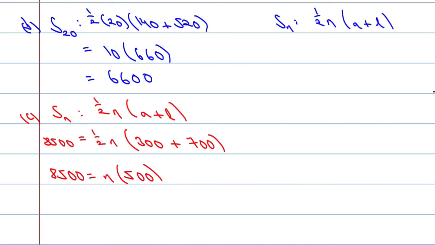Dividing both sides by 100 gives us this. So 5n equals 85, which means that n must equal 17. So n must be equal to 17, so she must have caught 17 dragons.